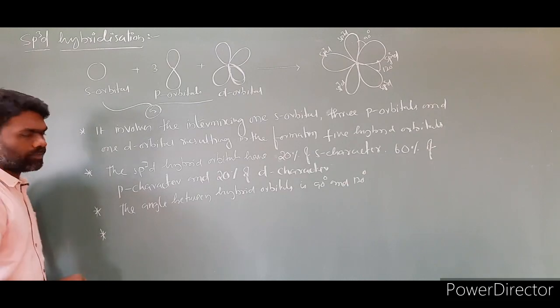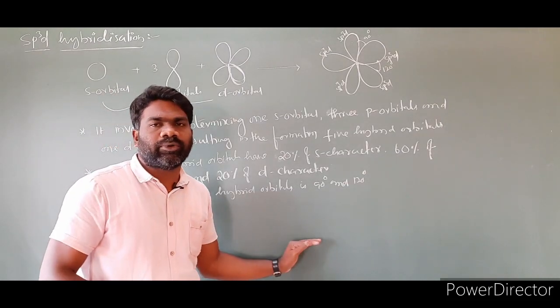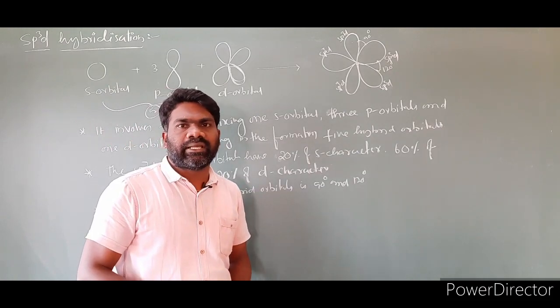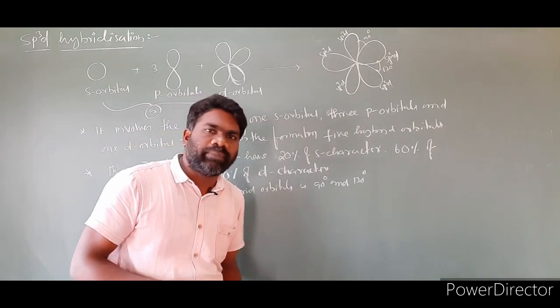And point number 4 is regarding the shape of the molecule. The molecules having sp3d hybridization, what is the shape? Trigonal bipyramidal.